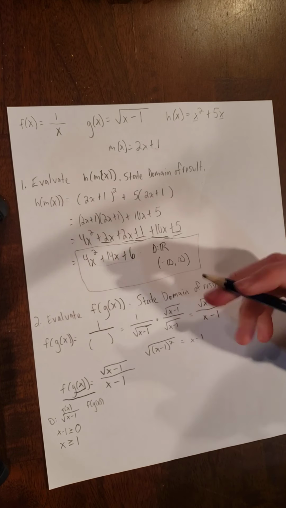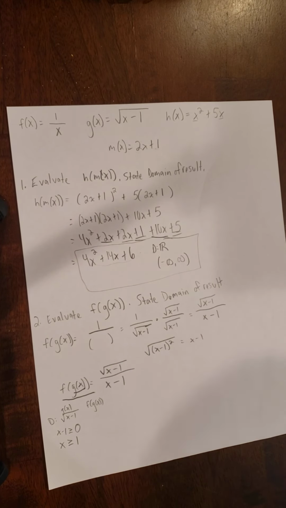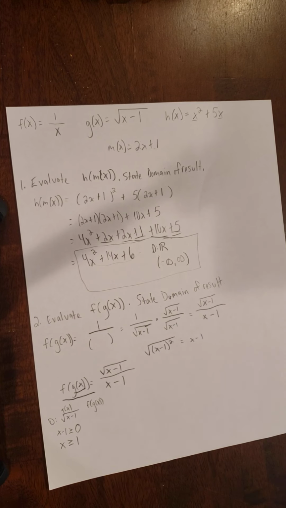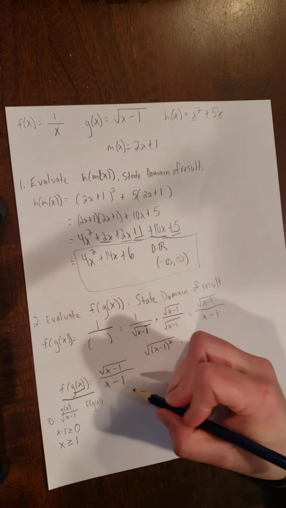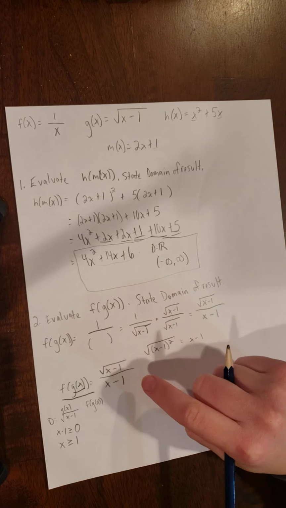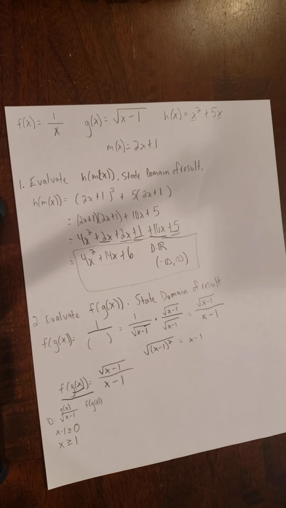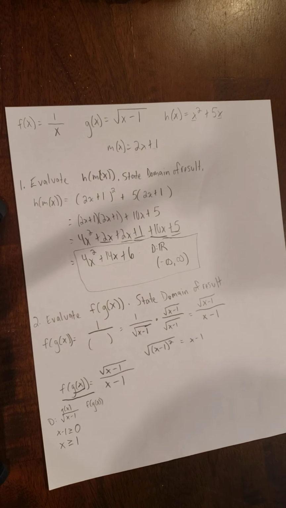Remember, domain restrictions, we don't want to take square roots of negatives. And another type of domain restriction is what is known as an undefined value. A number is undefined if its denominator has a value of 0. So we have a fraction, a rational expression. f of g of x is a rational expression. It's written as a ratio, the square root of x minus 1 over x minus 1.